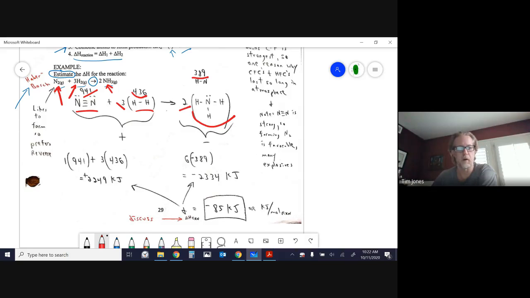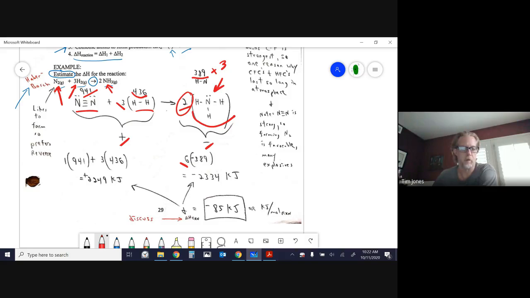There's 2 of these molecules, but you have to be careful. Each of these molecules has 3 nitrogen-hydrogen single bonds, and there are 2 molecules. So 2 times 3 is where I get that 6 from. And notice everything on the reactant side is positive, everything on the product side is negative.